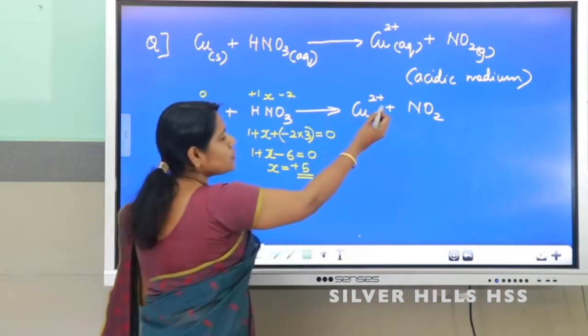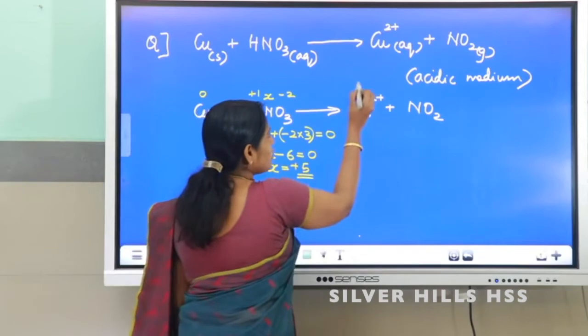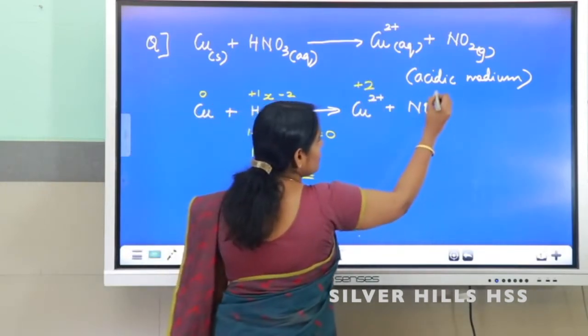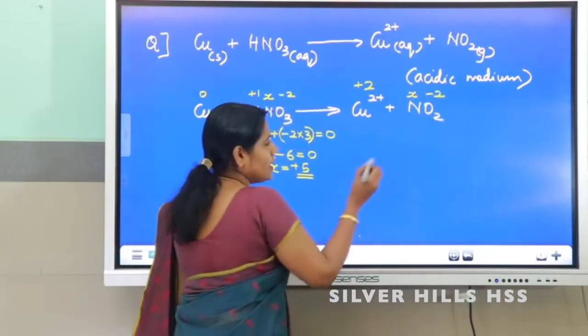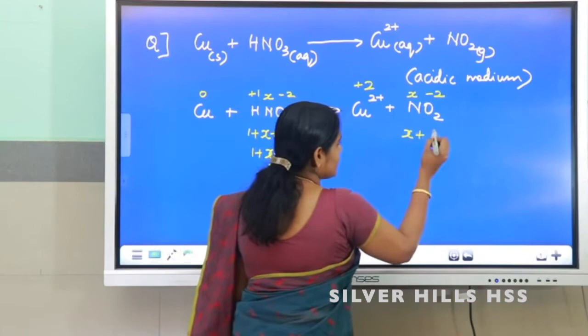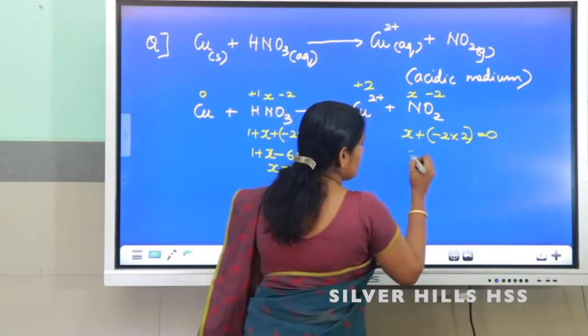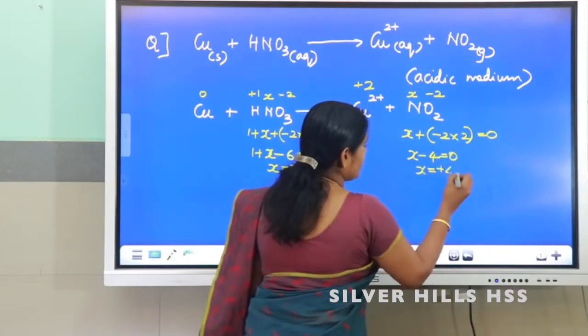Then Cu2+, it is a monoatomic ion. So the oxidation state is equal to the charge, that is +2. Then NO2, oxygen it is -2. So we do not know the oxidation state of nitrogen. Let us take it as x, x plus -2 into 2, altogether it is equal to 0. So x minus 4 is equal to 0, x is equal to +4.